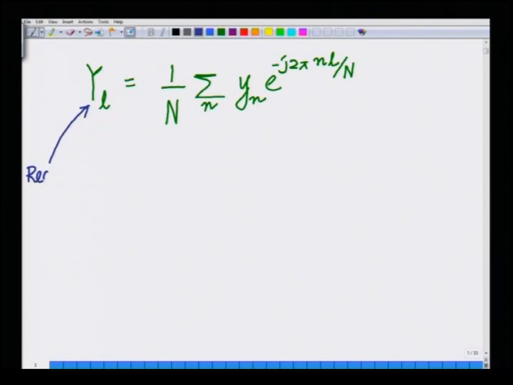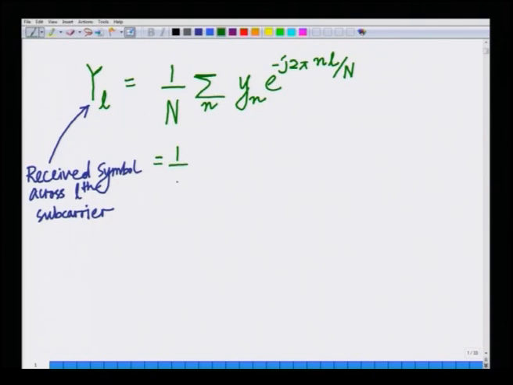This, using the expression that we had earlier, can be simplified as follows.